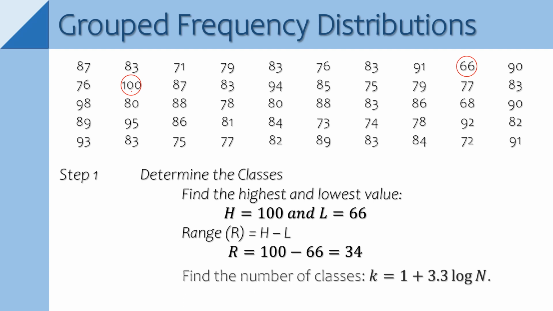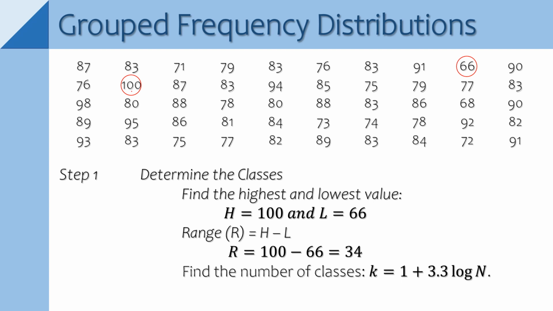Next is to find the number of classes using the formula k is equal to 1 plus 3.3 log n. Our n is the total number of data, so we have 50. We substitute 50 into n.